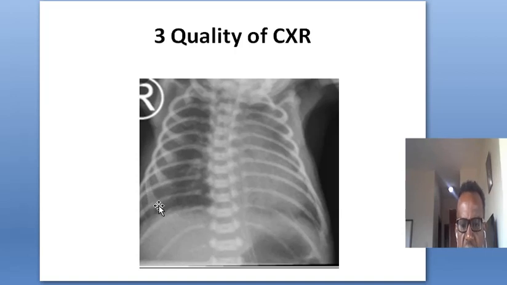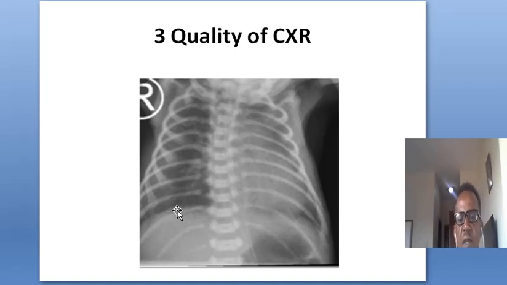On this film, the 6th anterior rib crosses the dome of the diaphragm. This is the diaphragm. So we can say this is an inspiratory film. On the posterior X-ray, the posterior ribs, 1, 2, 3, 4, 5, 6, 7, up to 10 and almost 12 are visible on lung fields. So this is almost an inspiratory film.